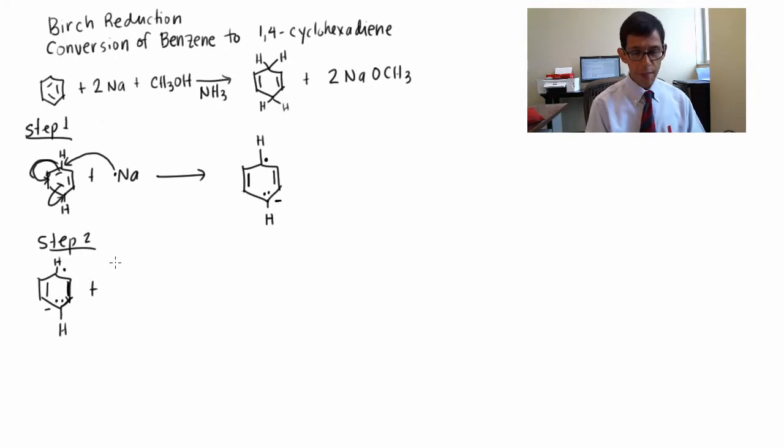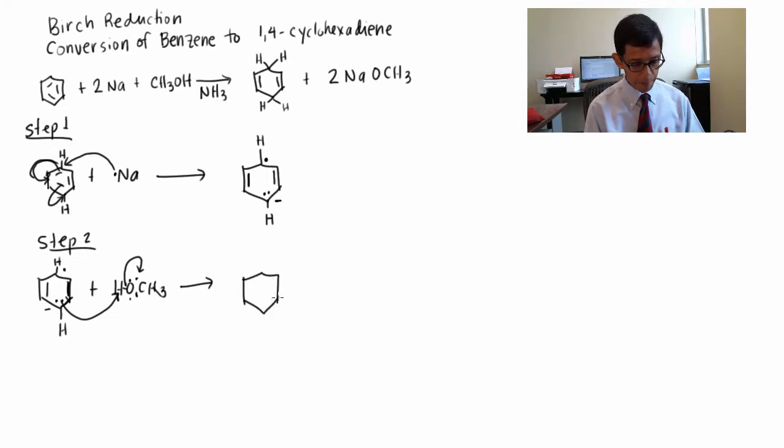So what happens next is that anion and a radical at the same time reacts with one molecule of ethanol, CH3. You have a lone pair there and a lone pair there. So that lone pair grabs that H, and that bond goes to O as a third lone pair. So now you have this intermediate.